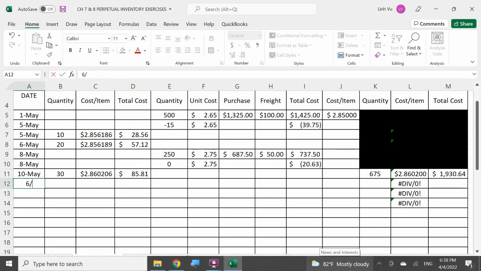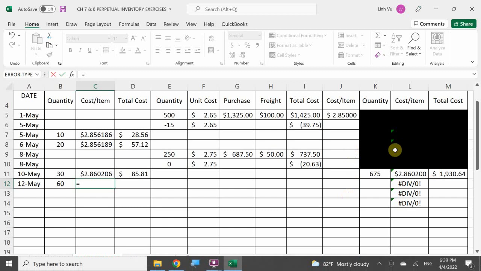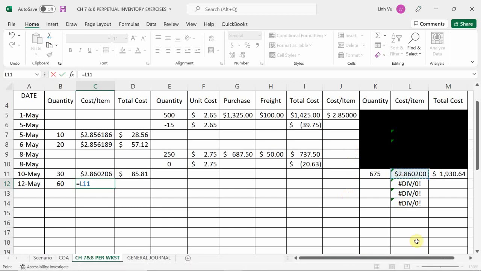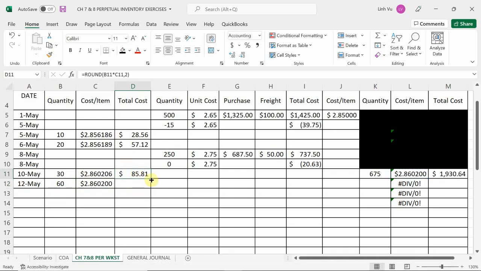So it is May 12th. And we sold 60 mugs, okay? And right now, my current average cost per item is $2.860200. So therefore, my total cost of goods sold should equal $171.61.